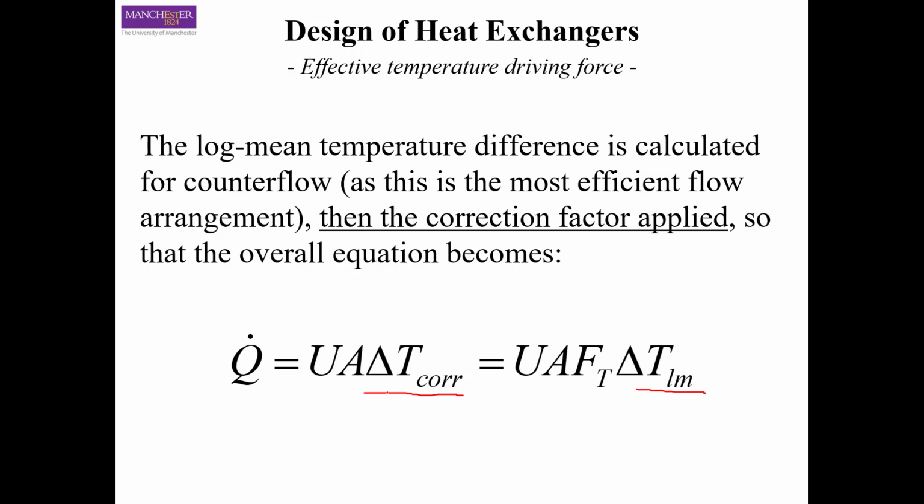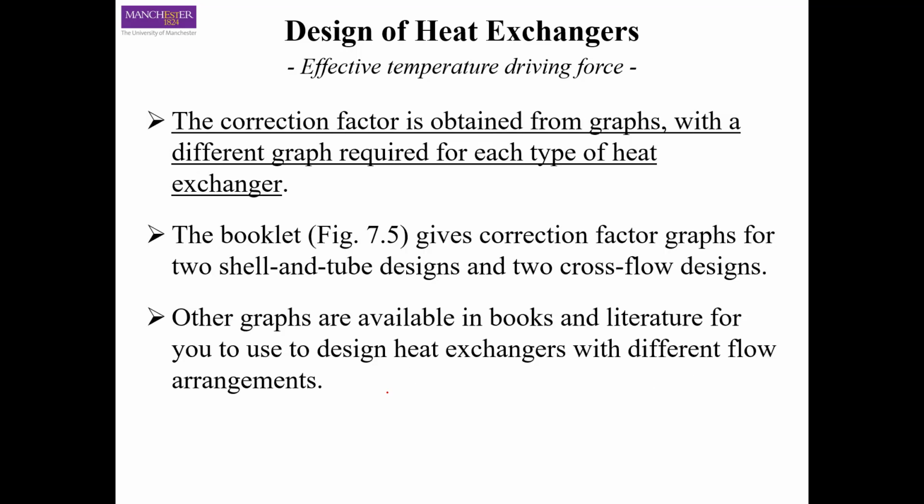So how can we calculate this Ft? There are a lot of graphs available that people have built using experiments. In your booklet in figure 7.5, these graphs are available, so please have a look. These graphs are specific to a situation, for example, a type of heat exchanger and what kind of fluids are involved.